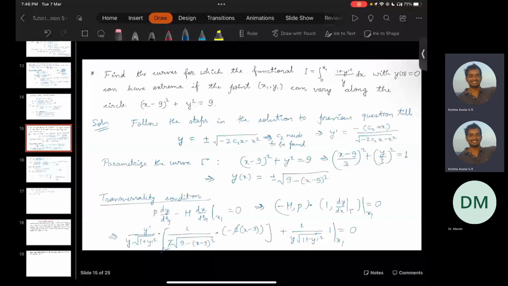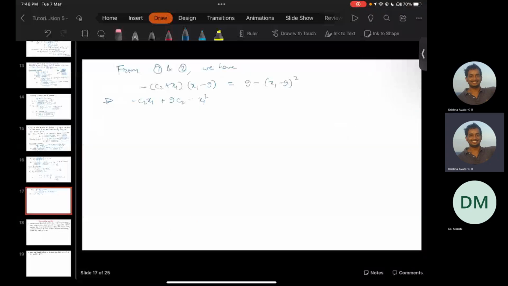Okay, so plus 9C2 and minus X1 squared and plus 9x1. And on this side, we have 9 minus x1 squared plus x1 minus 81. So minus x1 squared cancels out. And then we are left with minus c2x1 and plus 9c2 is equal to 9x1 minus 81.